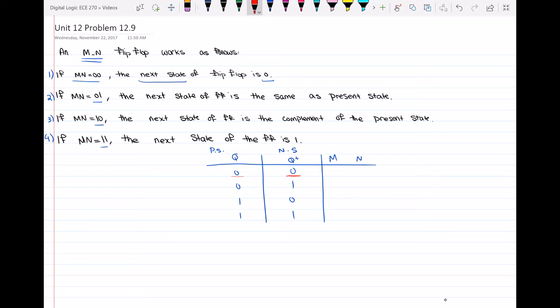In statement number 1, it says that the next state of the flip-flop is 0 if mn is equal to 0. So we can see that it fits here, right? The next state is equal to 0. So wherever we have the next state equal to 0, which is here and here, we know that m and n are both equal to 0. Okay, so we have 0, 0, 0, 0.